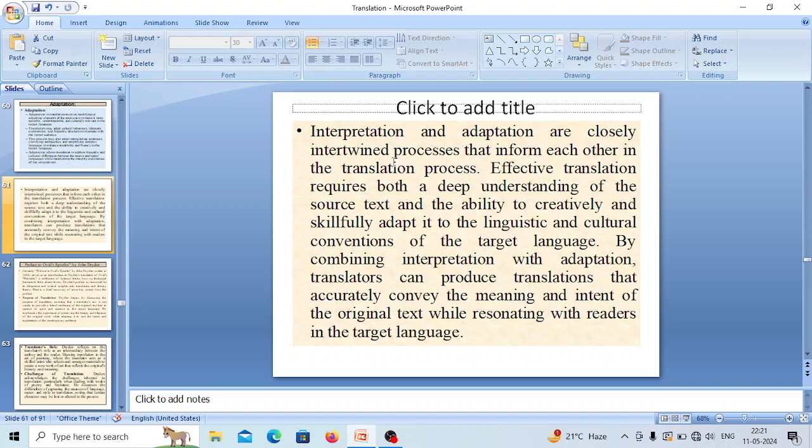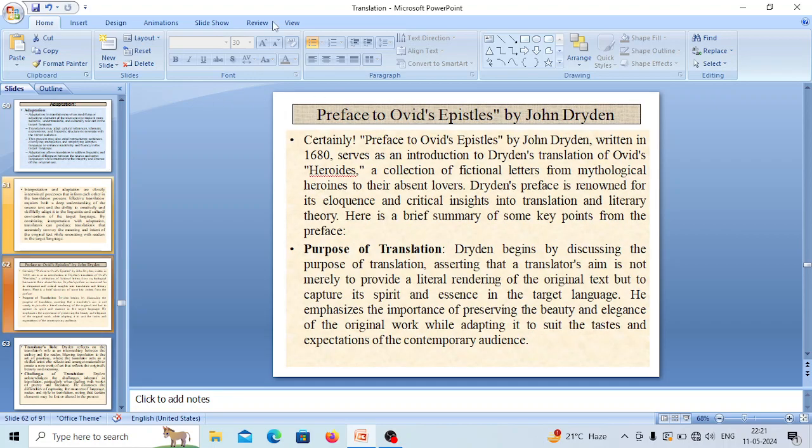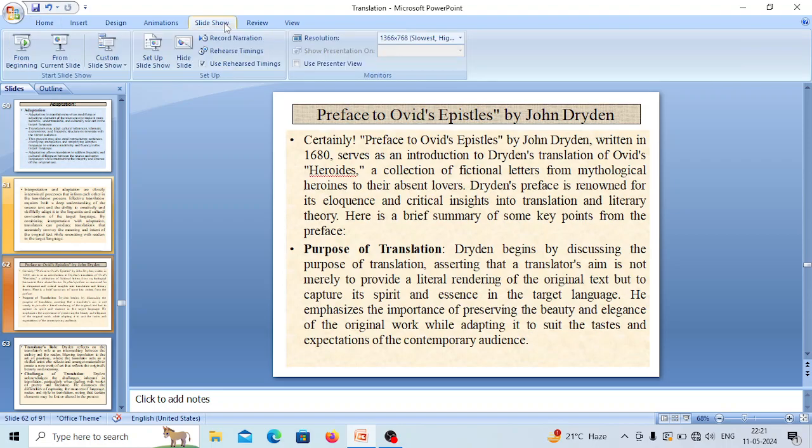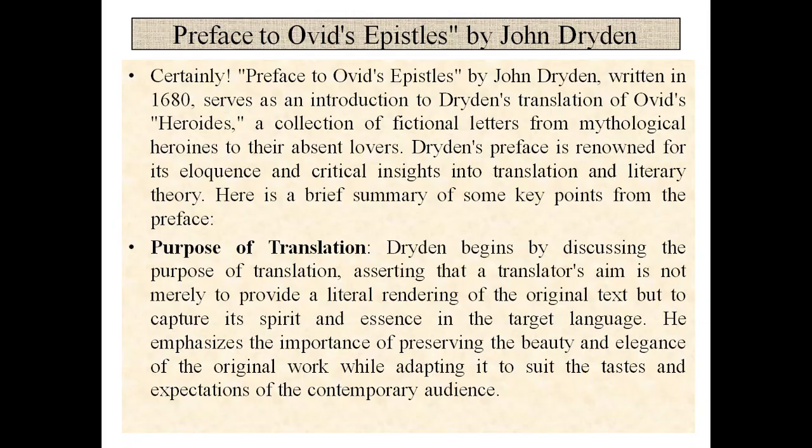If you've not seen the previous videos, you can go through them, and now we'll cover a new topic today, and that is a preface to Ovid's Epistles by John Dryden, right? So a preface to Ovid's Epistles by John Dryden.